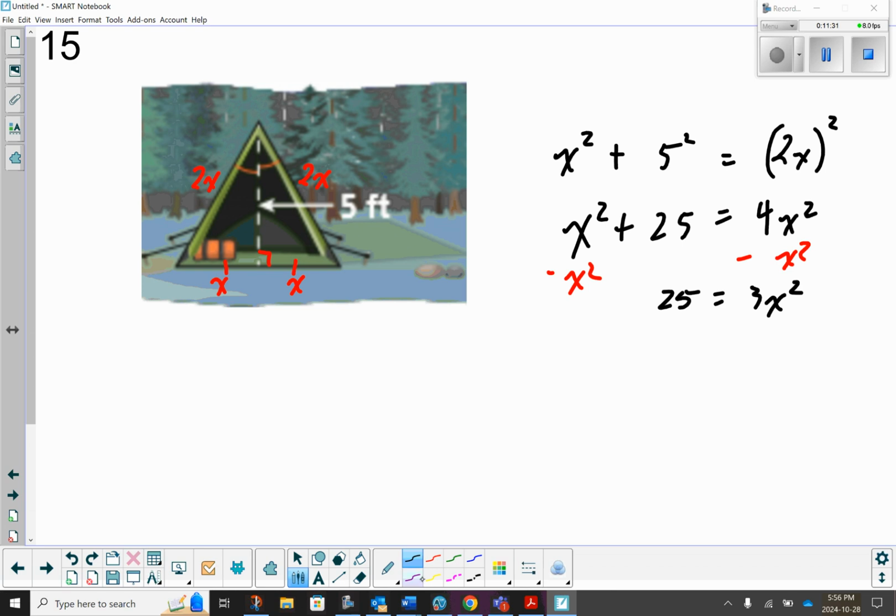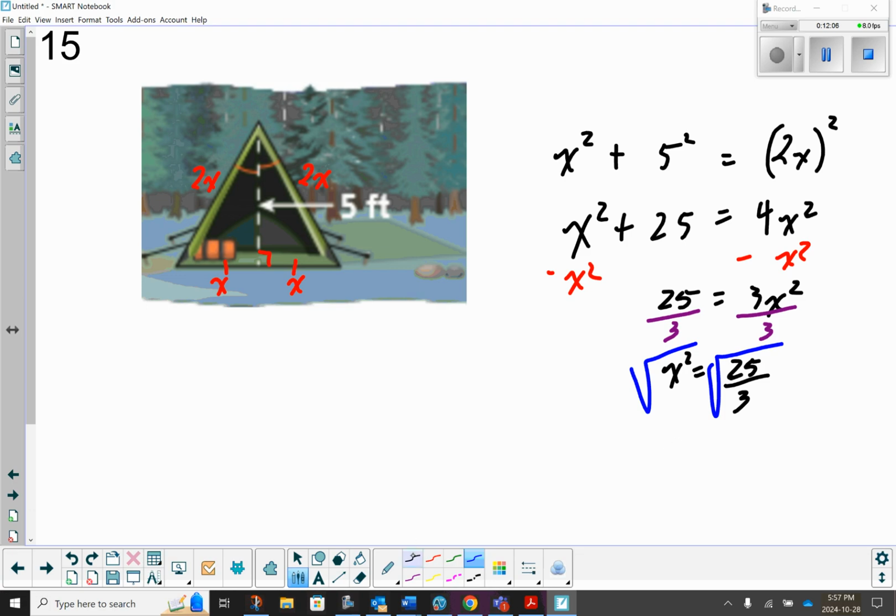Now things are going to get interesting because we're going to have to divide to get the variable all by itself. And then take the positive square root. Again, don't get into bad habits that are going to come back to bite you in Algebra 2. There are two possible answers. Anytime that you take the square root of both sides, you have to consider plus or minus.